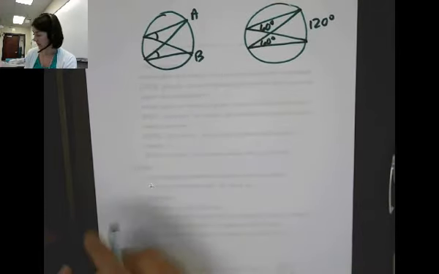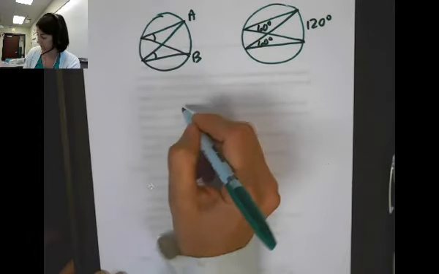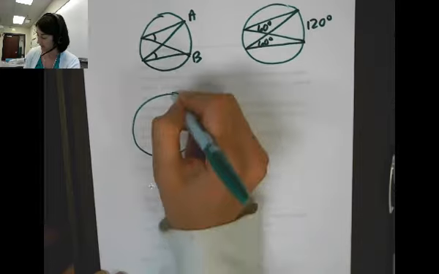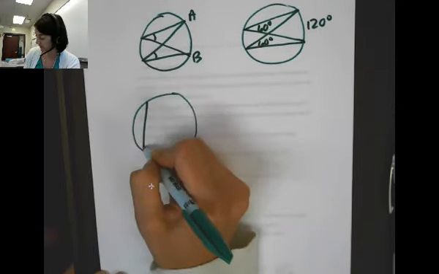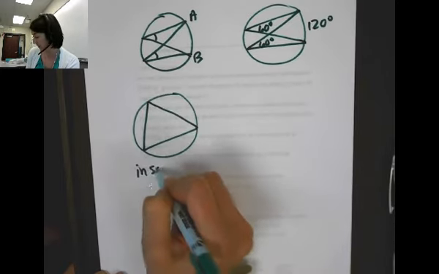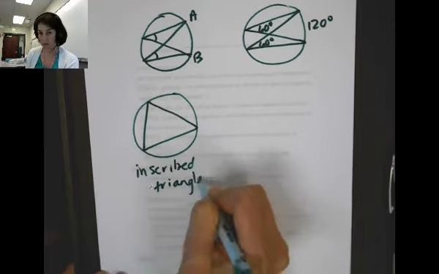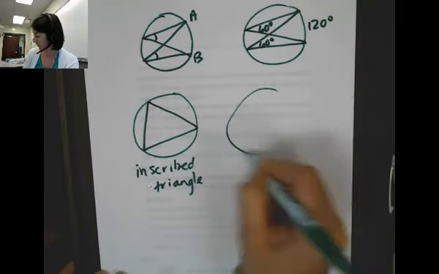Let's talk about another vocabulary item that comes up in this lesson: inscribed polygons. Inscribed polygons have their vertices on the circle. So this would be an inscribed triangle, or you could have an inscribed quadrilateral.